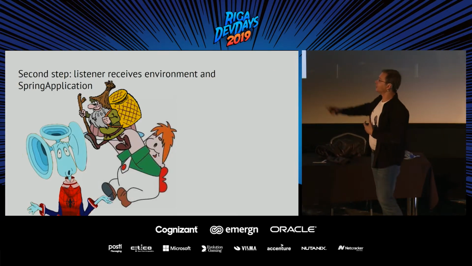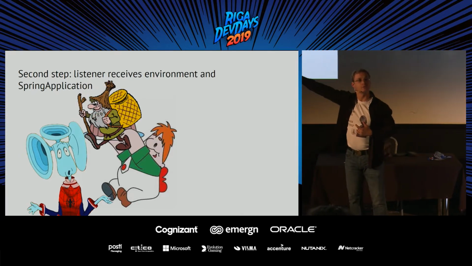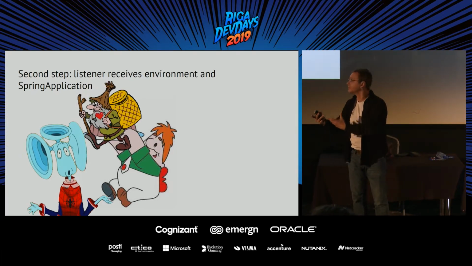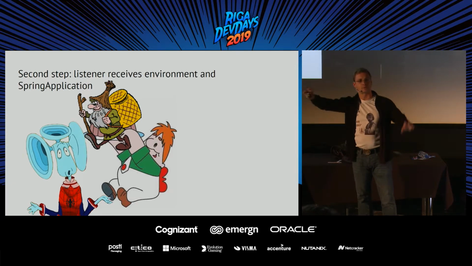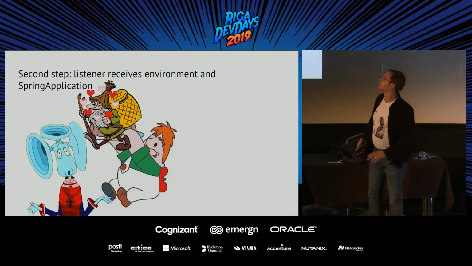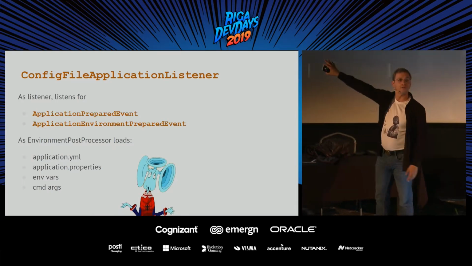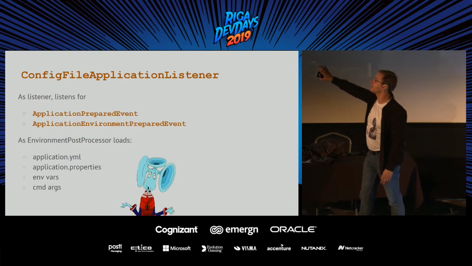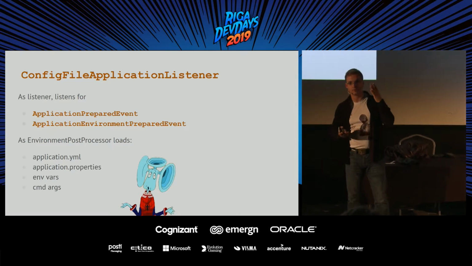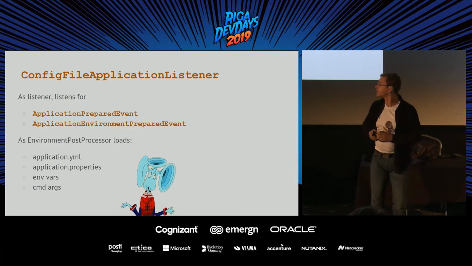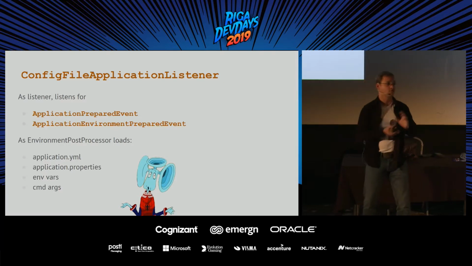And then he calls his method, environment is built, providing himself and the environment. You remember that each environment post-processor receives these two things. And now it is his duty to fill the environment, okay? Because he has two faces, he is also a listener and also an environment post-processor.